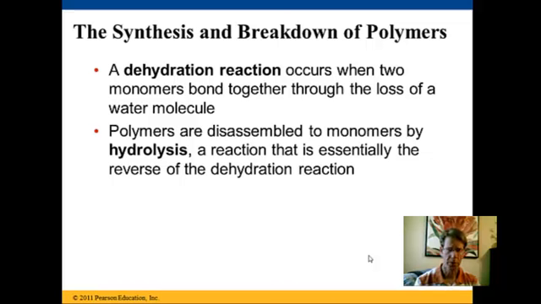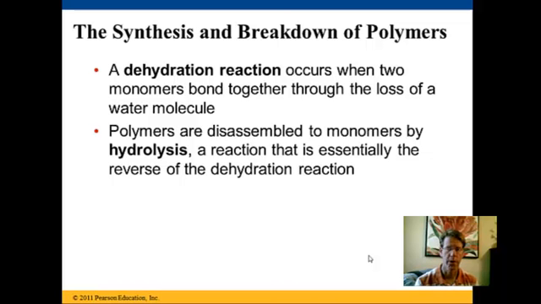When we talk chemistry for this particular chapter, we're talking about two fundamental types of chemical reactions that are involved. We have dehydration reactions, which are used to put monomers together and assemble them into a polymer. And then we have the opposite, where we're adding water in a hydrolysis reaction. Dehydration means we're taking water out. Hydrolysis means we're putting water in.